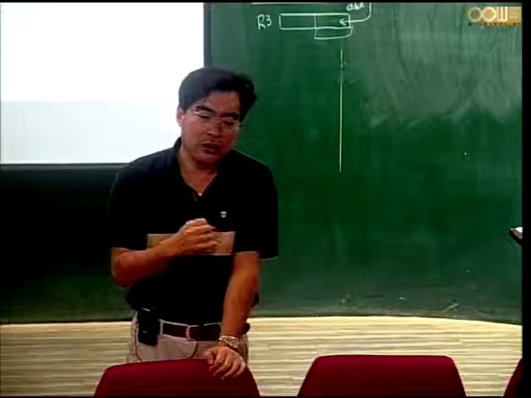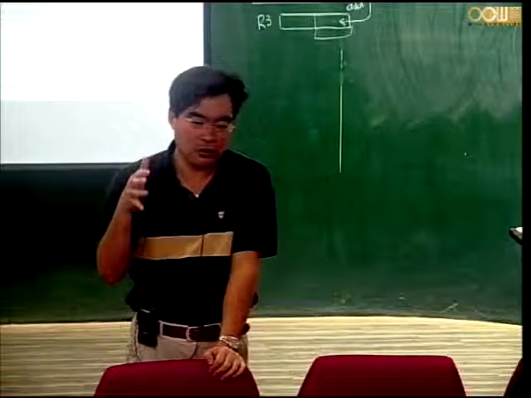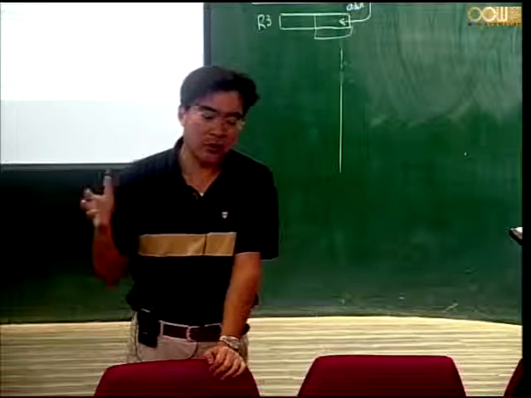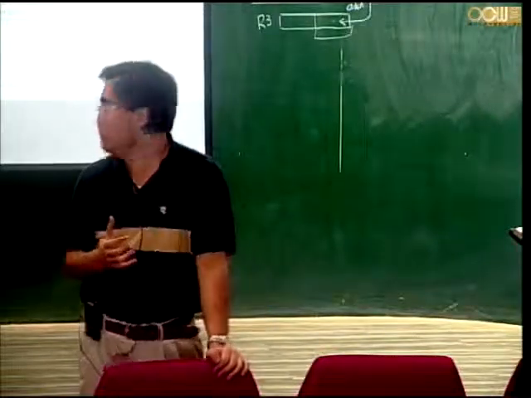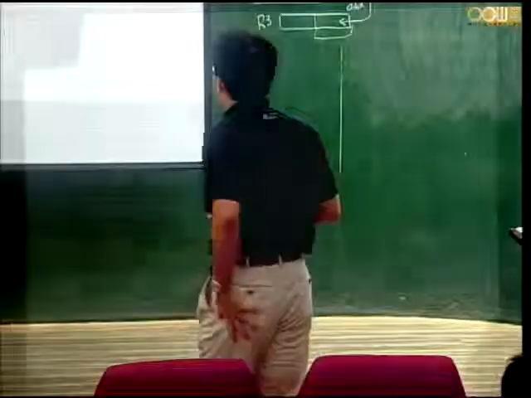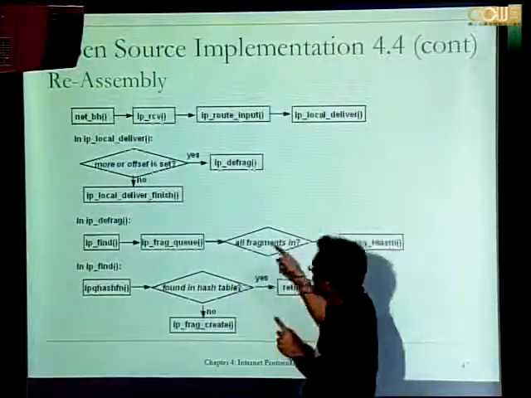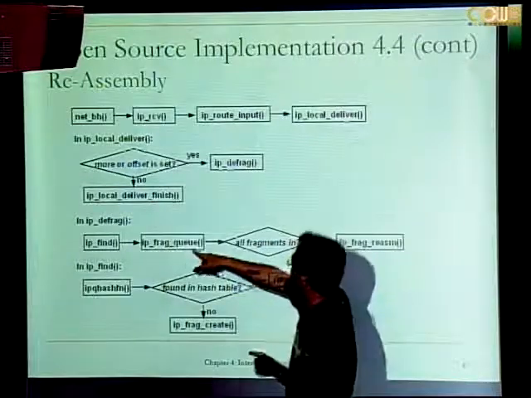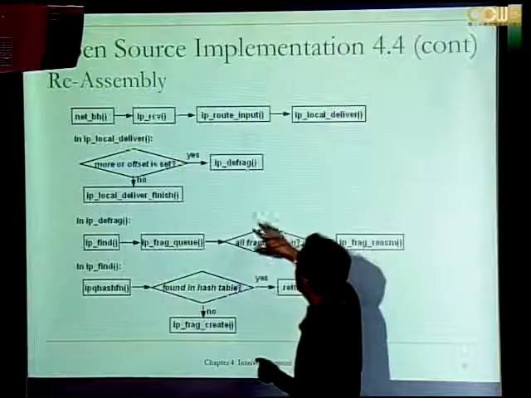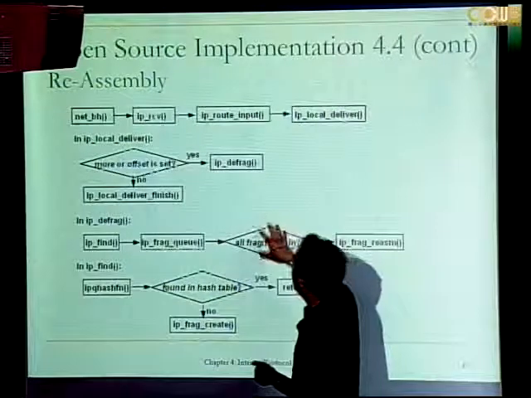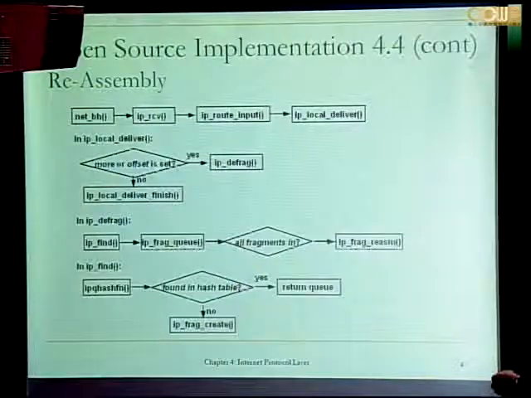Then I would have some fragments for the 5 packets in this single hash table. So if not all the fragments are in, I would just insert into the queue in the hash table and then return. Until I find all fragments in, I would not do reassembly.